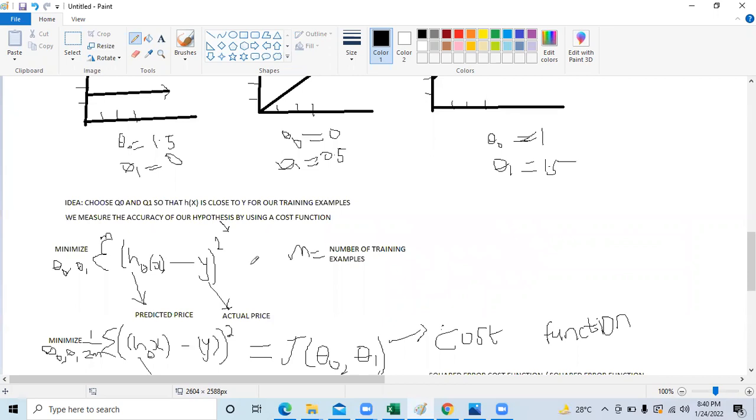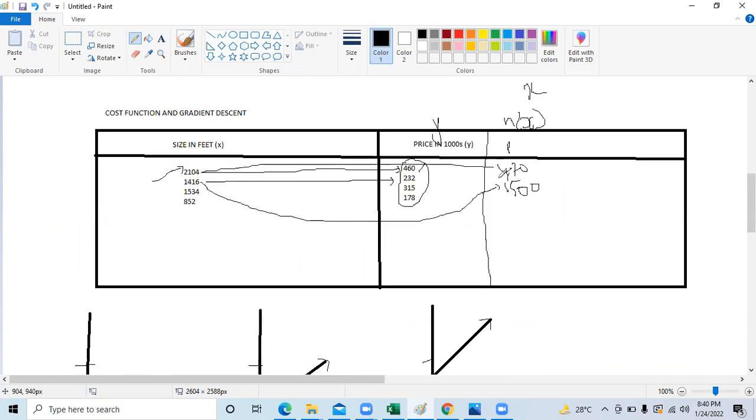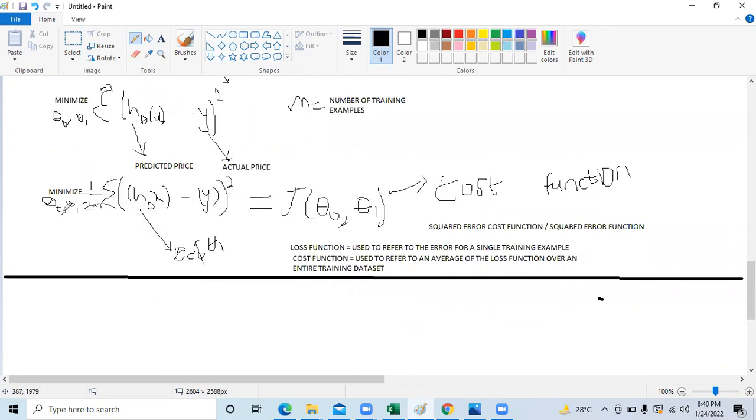So this is the formula for our cost function, where we said h of x, our predicted variable, minus y, our actual variable, all squared. And this is our final formula. So J of theta 0, theta 1, our cost function, is 1 over 2m, the summation of our predicted variable minus our actual variable.